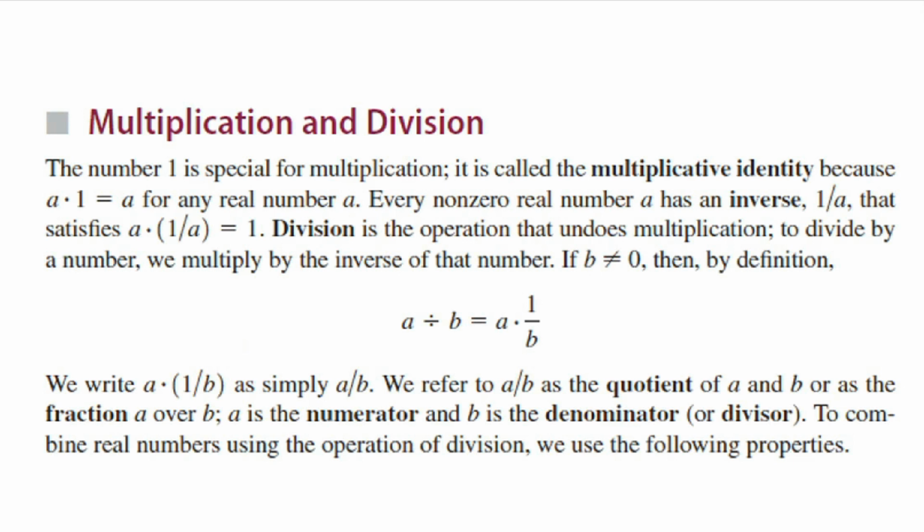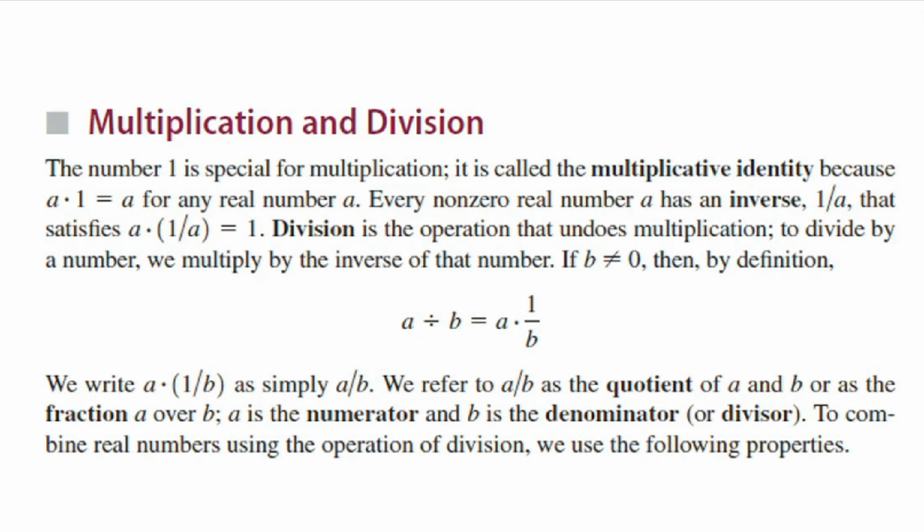For multiplication and division, the number 1 is special for multiplication. It is called the multiplicative identity because a times 1 is equal to a for any real number a.